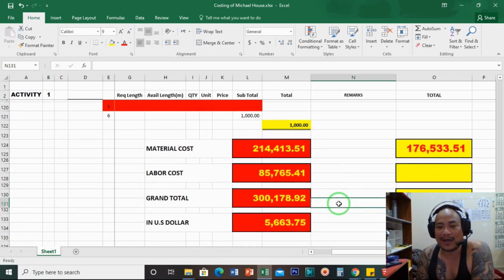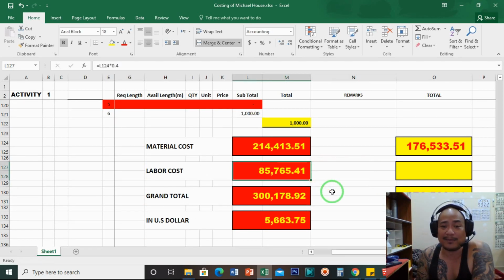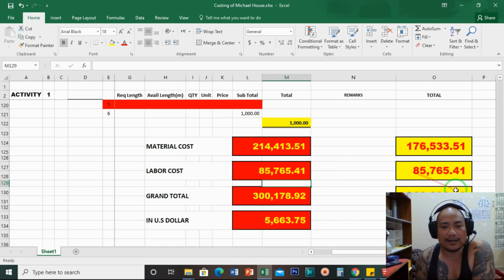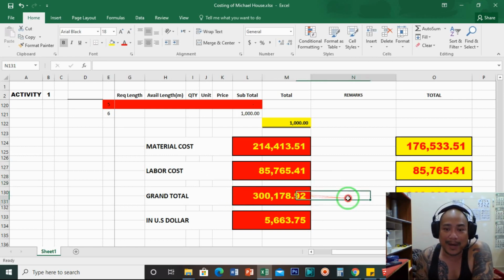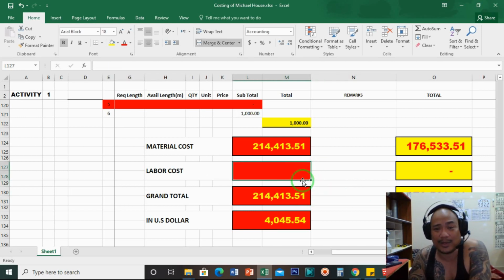So this one, if I put here the labor cost, that is 85,765. So the grand total of your house is 300,178 peso. But I will eliminate this one because as I've said, we are the ones working on this house.